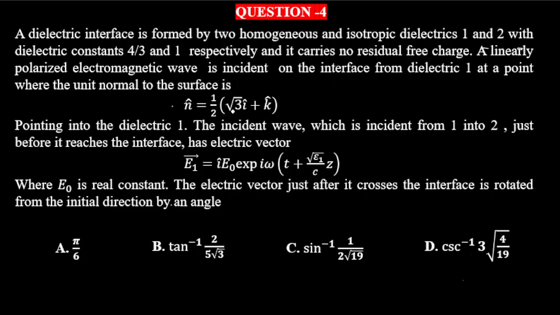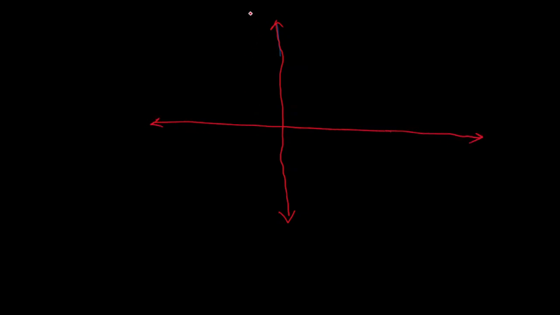So based on this information, I can draw an interface this way. Let's say this is the xz plane. This is our x-axis and this is the z-axis.